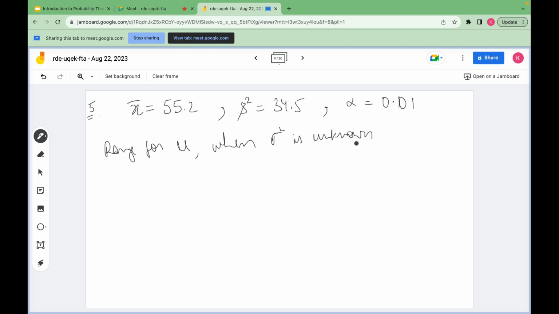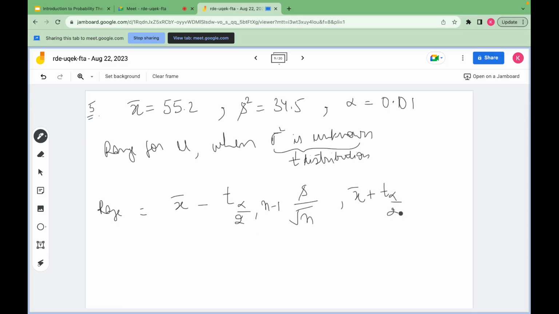When sigma square is unknown, we will use the t distribution. So the range will be x bar minus t alpha by 2, n minus 1 into s by root n, to x bar plus t alpha by 2, n minus 1 into s by root n.